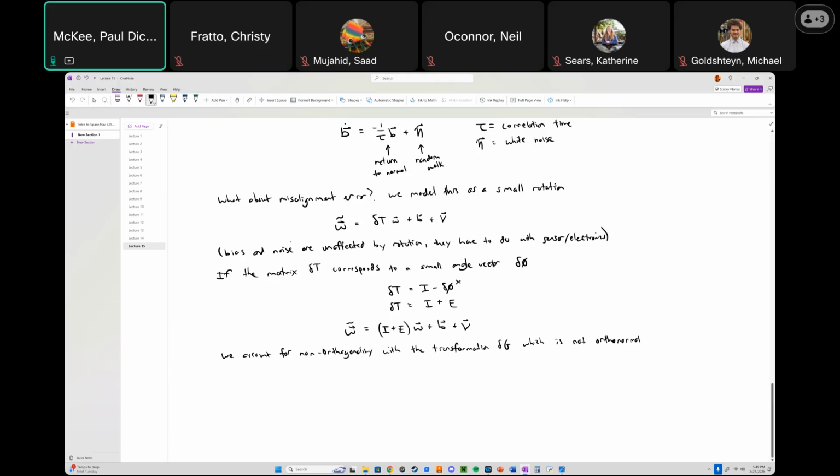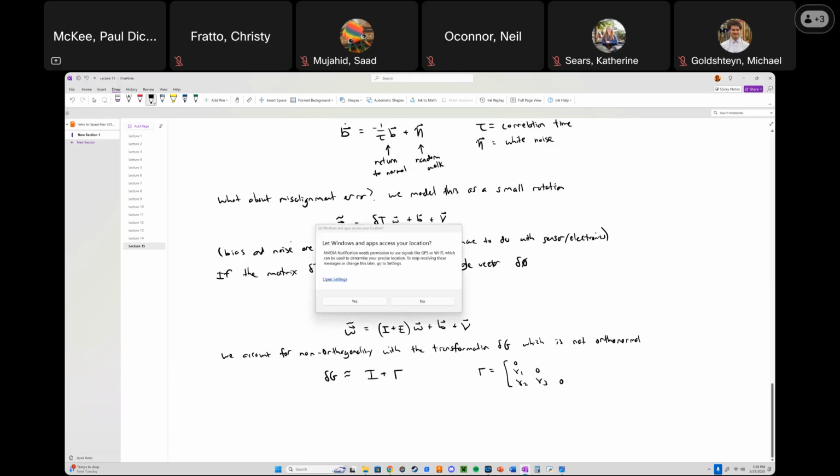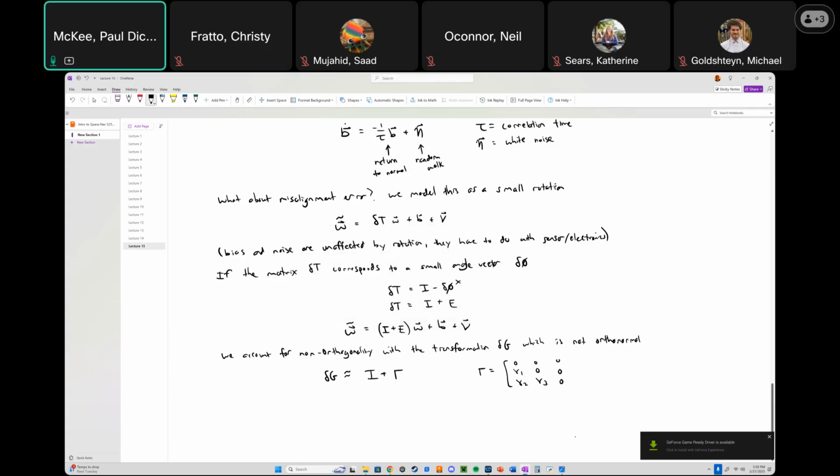So what we're going to say is that delta G can be approximated as the identity matrix plus gamma, where gamma is this lower diagonal matrix, gamma 1, gamma 2, gamma 3, and all zeros otherwise. And these are calibrated values, so we would either know these or determine these.